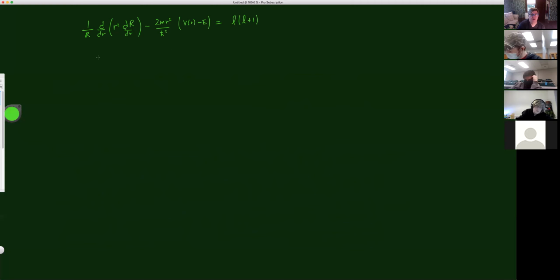All right, so we have one constant. Now we know that the other equation has to be equal to the negative of this constant.